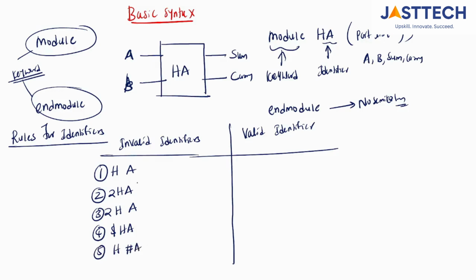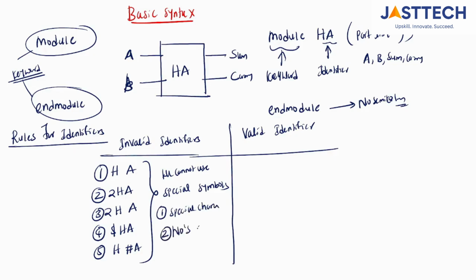This will not take. So what are the invalid identifiers? We cannot use special symbols, special characters, and numbers at the starting position, and gaps between, a space, it will not take.